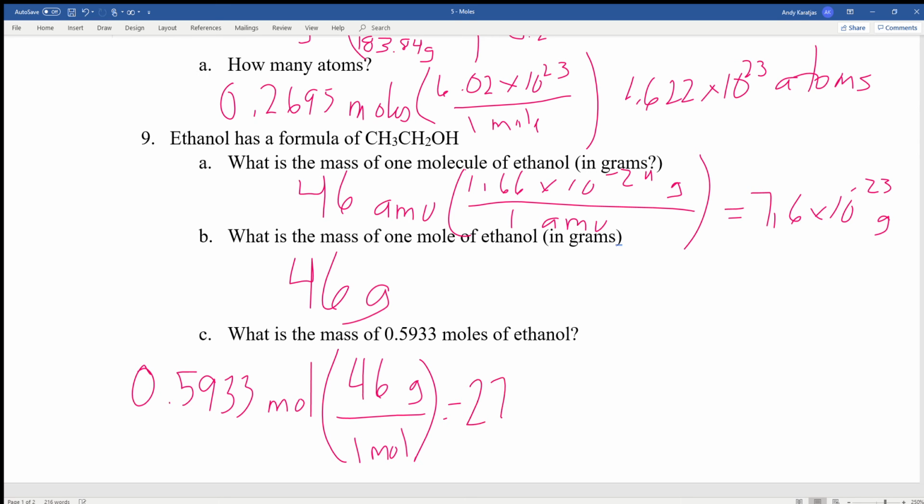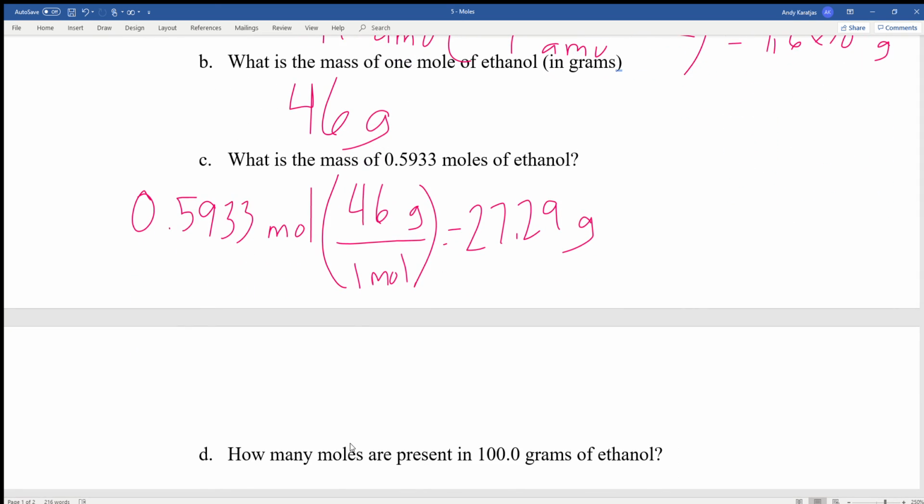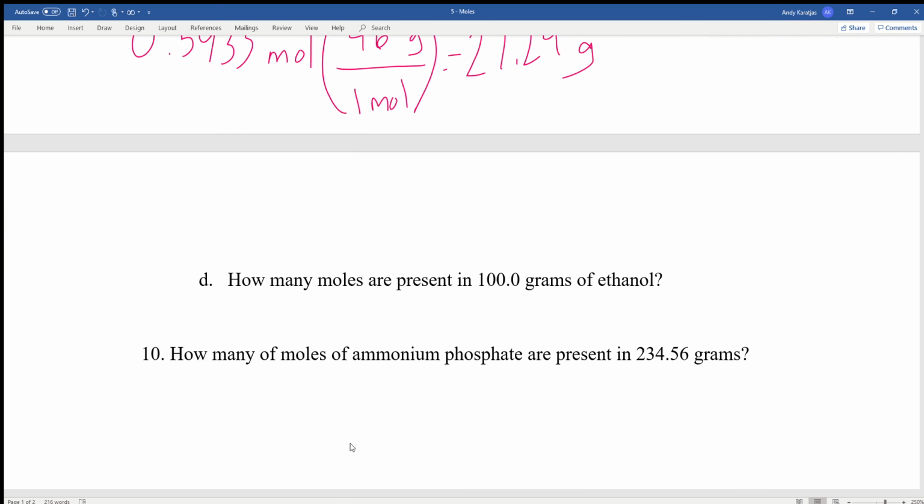Gives us 27.29 grams. And now in part D, we're going to go the other direction. If we have 100 grams, how many moles is that? So our conversion factor now goes the other direction. We need moles on top, grams on the bottom, and we get 2.174 moles.